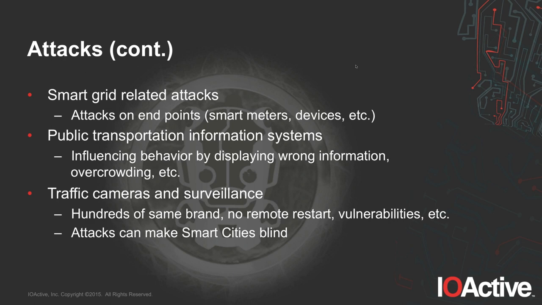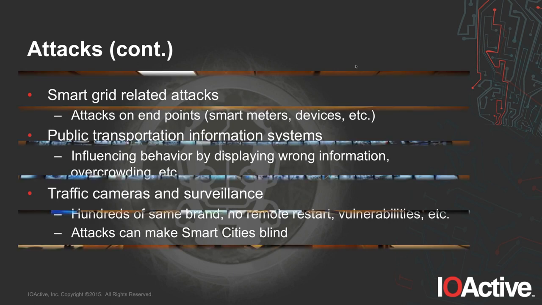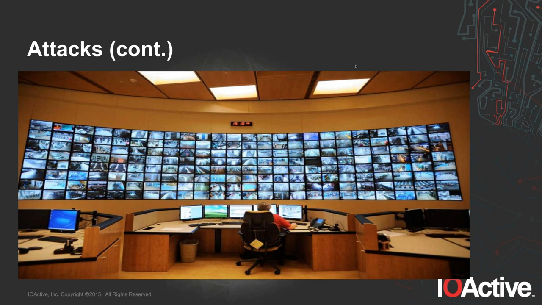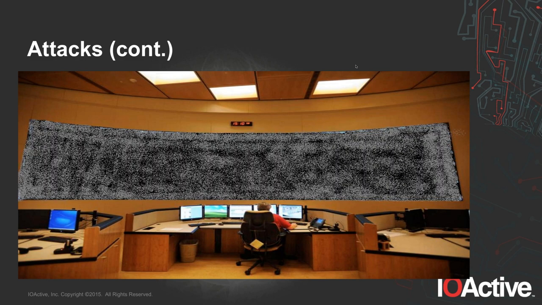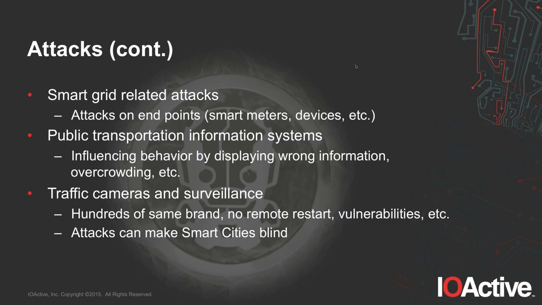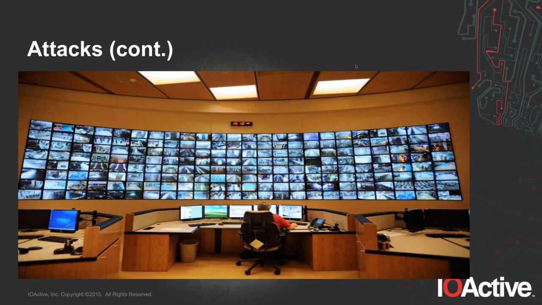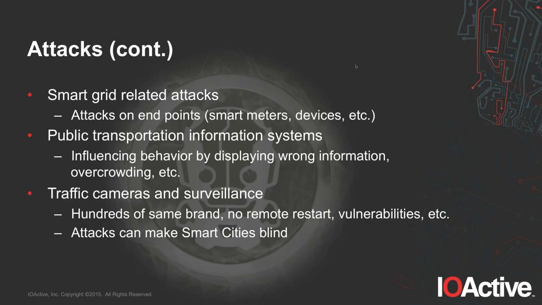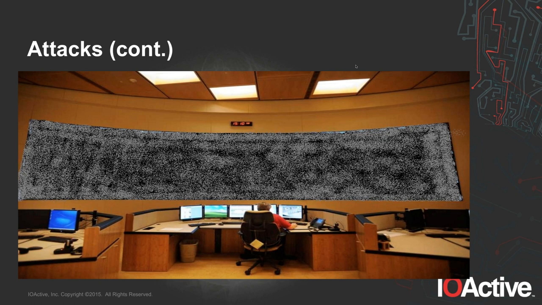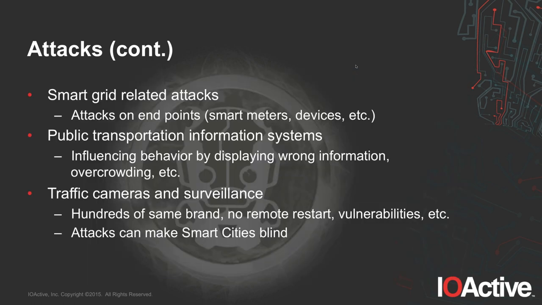So you go from being able to see everything in a city, what's happening and where, to being completely blind. And this is really powerful for attackers, just blinding the people, the police, anyone.